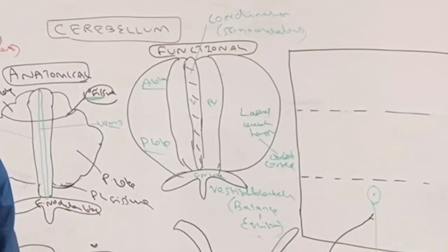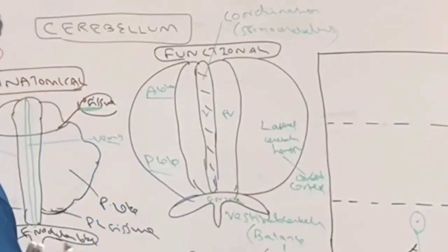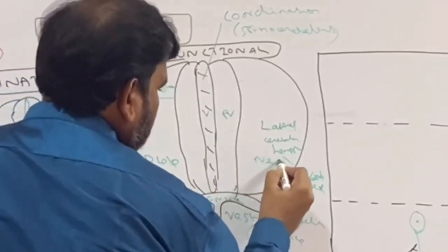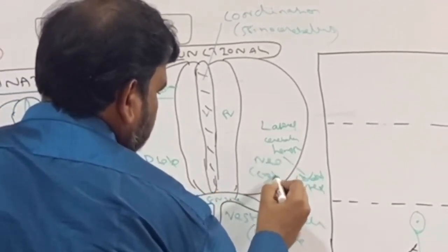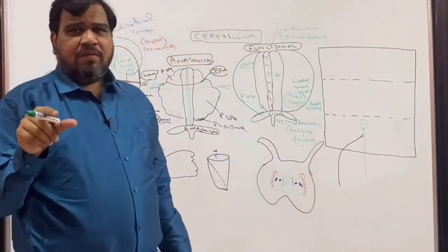If we lost the cerebral cortex, which part of the cerebellum would be lost? The lateral cerebellar hemispheres, which is the neocerebellum, or cerebrocerebellum. All are the same.